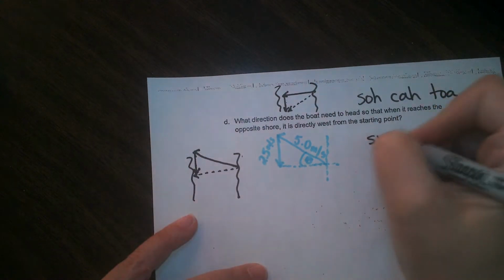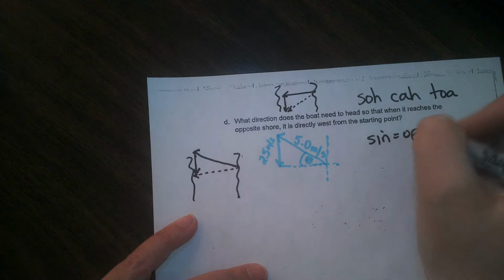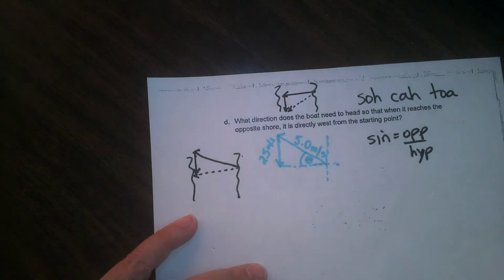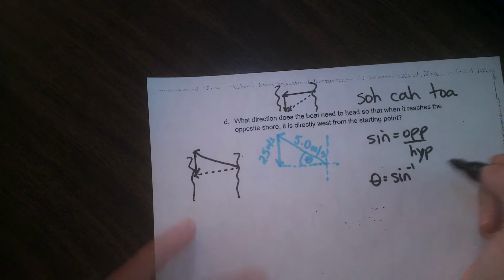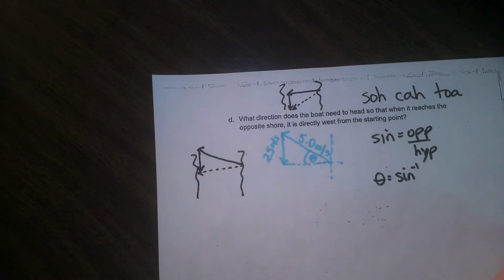Okay? Sine is equal to opposite over hypotenuse. So if I want to find the angle, I'm going to use the inverse sine function. So we've been doing this all along.